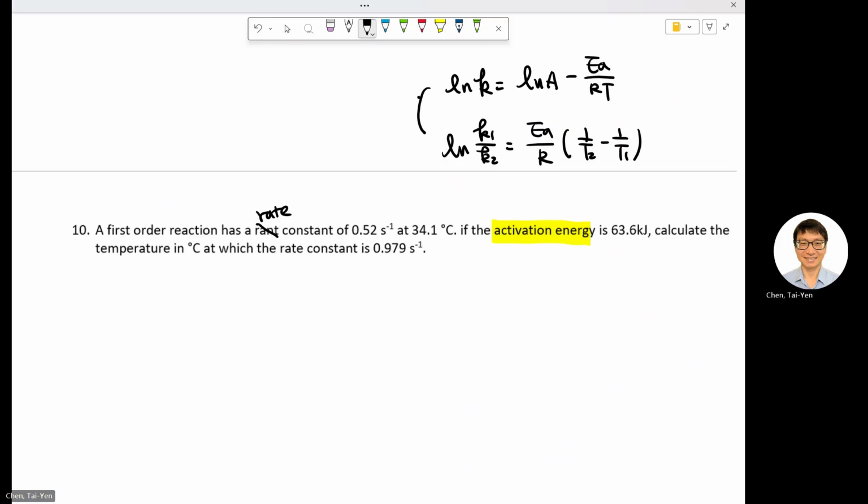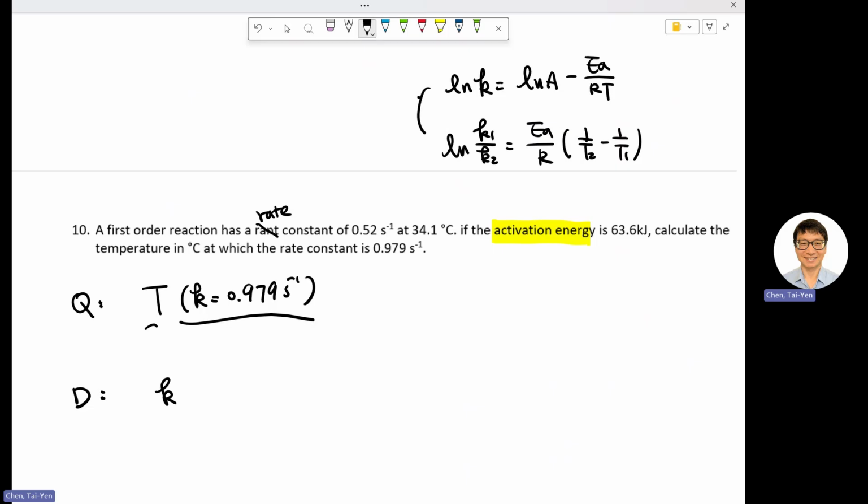Okay. So now, once we know those are the two we want to use, we want to collect a little bit more information. First is what's the Q that you want to solve? Temperature, right? Where your K equals 0.979 per second. You want to know the temperature. Well, let's specify K. So what's the data that you have?